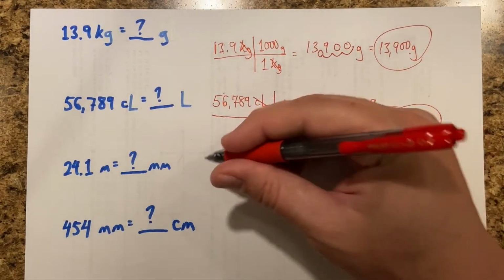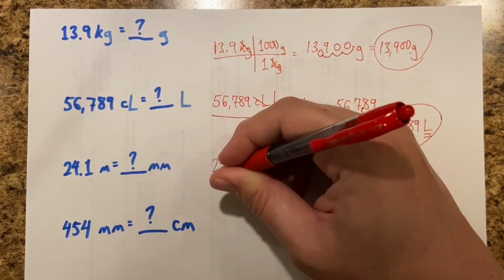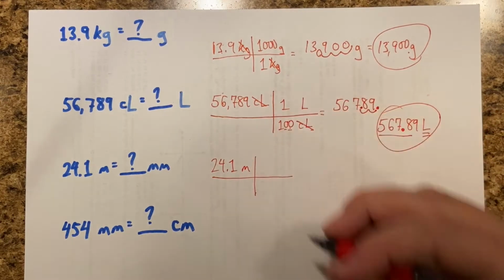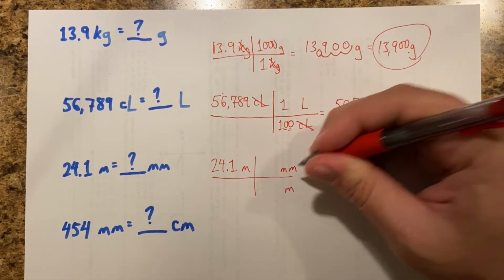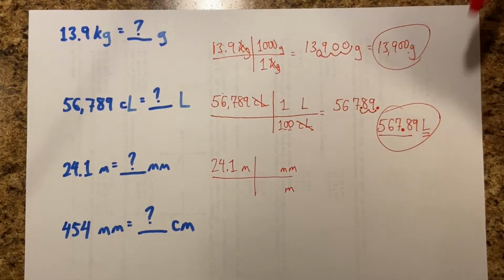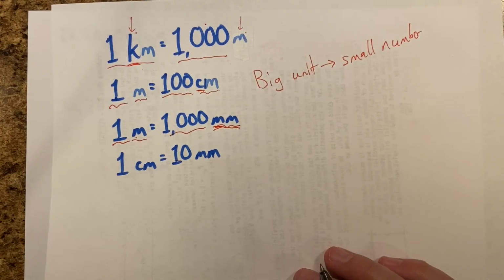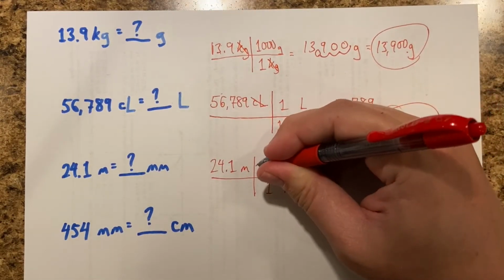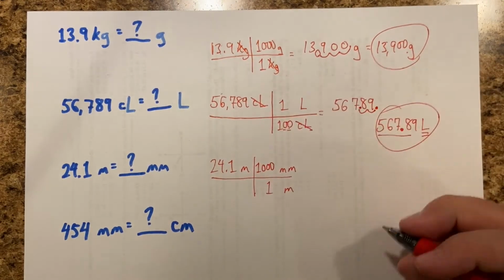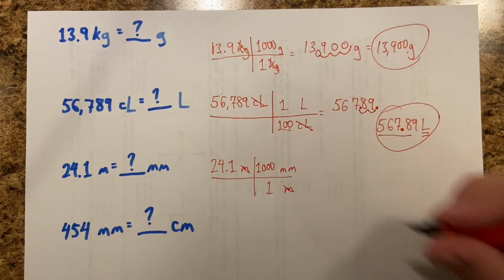How about this guy? 24.1 meters translated into millimeters. So again, I need to know my 3 essential conversion factors. I know that 1 meter is 1,000 millimeters. Okay, 24.1 times 1,000.